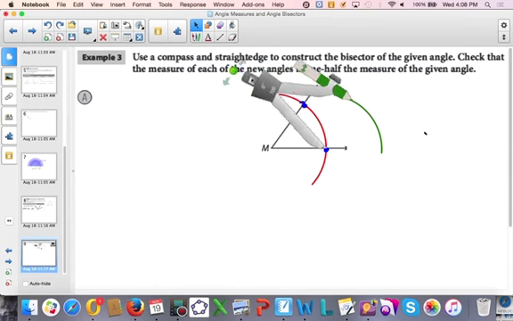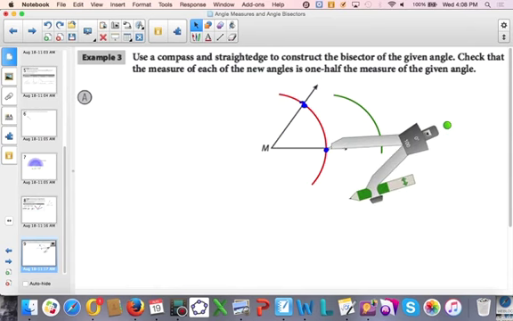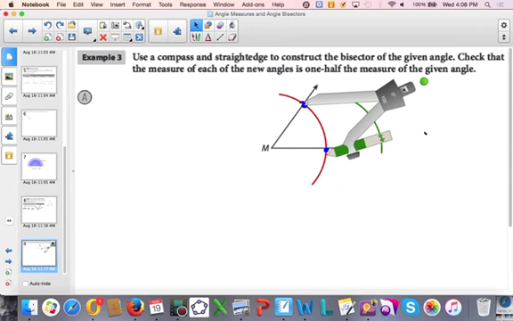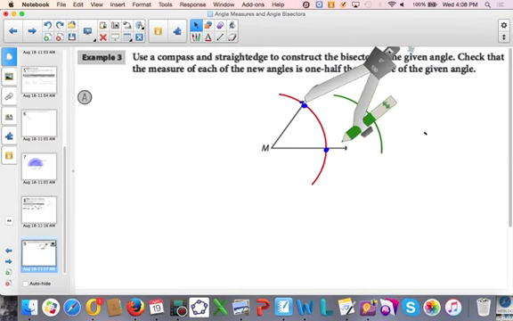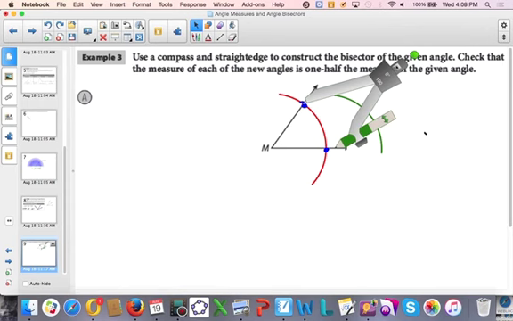And then move it to the other point with the same compass setting, notice, and make another mark.